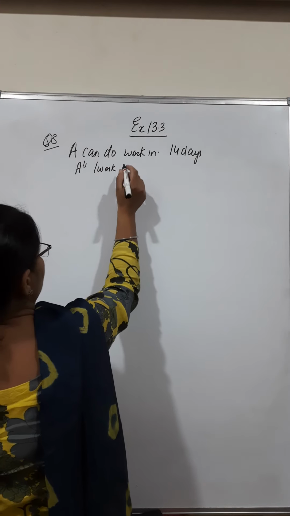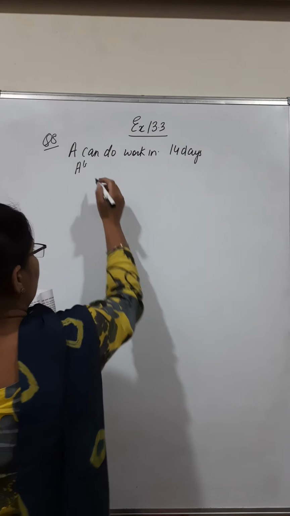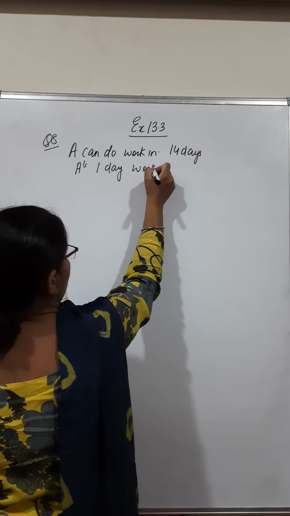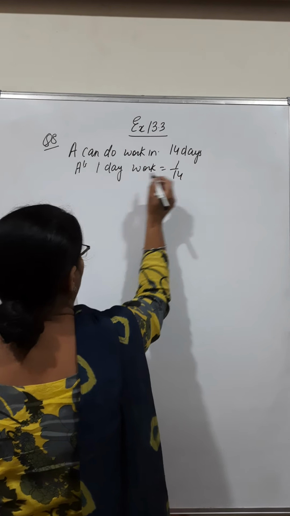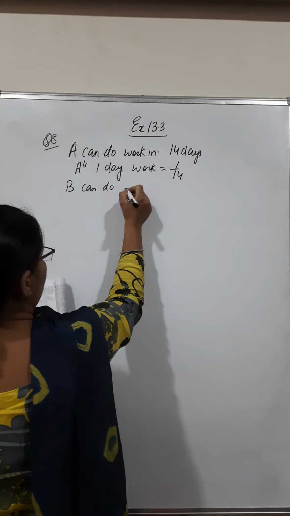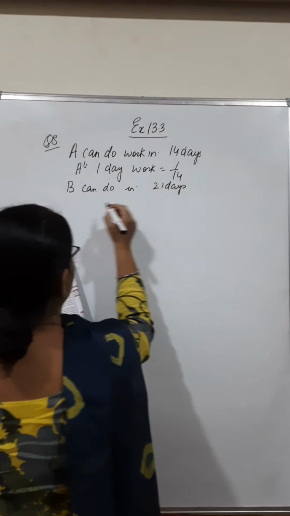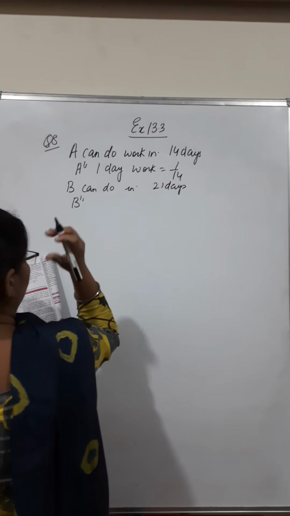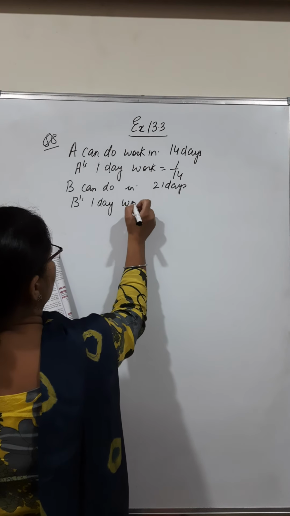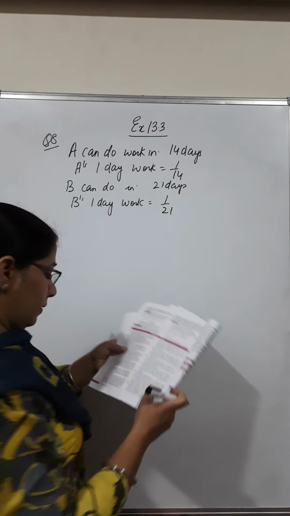A's one day work is equal to 1/14. B can do it in 21 days. So B's one day work is equal to 1/21.